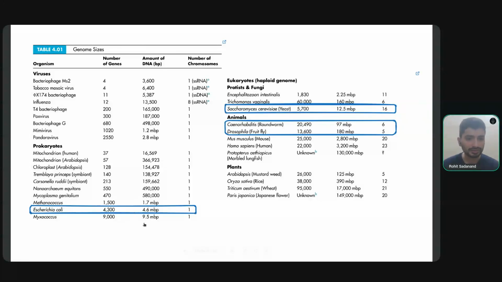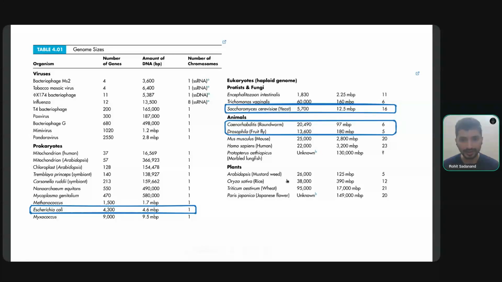So, actually, the E. coli genome is 4.6 megabase pairs long, and that of yeast is 12.5 megabase pairs long. So, that's a difference of about three times, right? And then there's the roundworm, which is eight times of that. So, we see a progressive increase in the size of the genome.